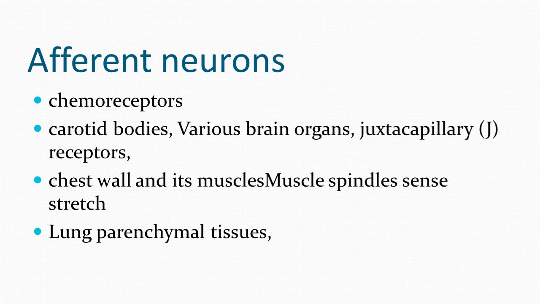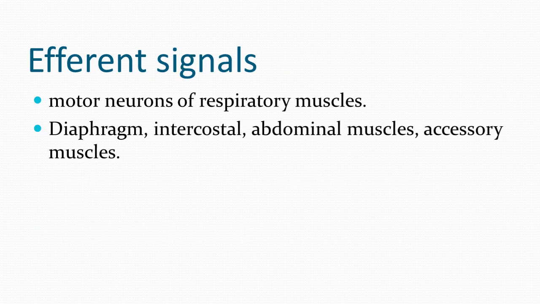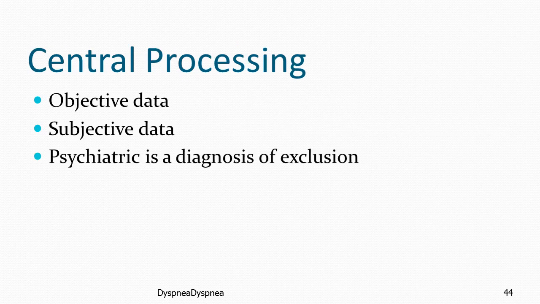Afferent neurons go from the chemoreceptors, carotid bodies, juxtacapillary receptors, chest wall and its muscle spindle sense, and lung parenchymal tissues. Motor neurons supply the respiratory muscles, diaphragm, intercostal and abdominal muscles, and accessory muscles. Central processing could involve objective data, subjective data, and psychiatric and diagnostic exclusion.